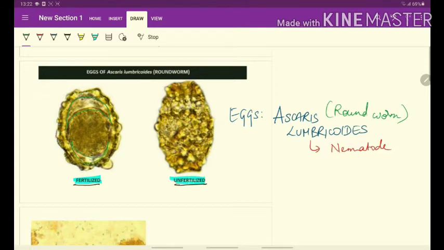At the two poles there is presence of chitin sheath surrounding the embryo. This is the fertilized egg of Ascaris lumbricoides and this fertilized egg floats in saturated salt solution.